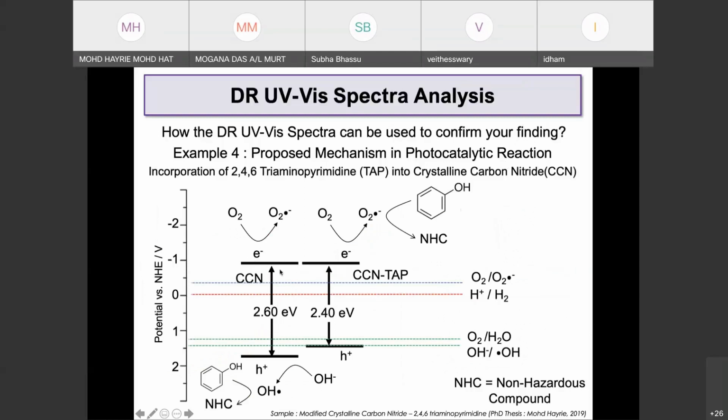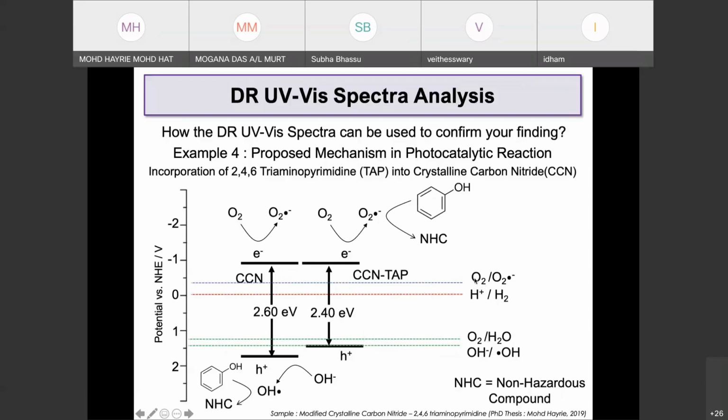So the conduction band here can be obtained from the EIS spectroscopy. Now you have 2.6 electron volt here for the CCN, and then you dope with the TAP, you have a new band gap energy, which is 2.4 electron volt. So you just calculate from the band gap value in order to obtain the conduction band position. This is important because of the standard reduction potential of oxygen.